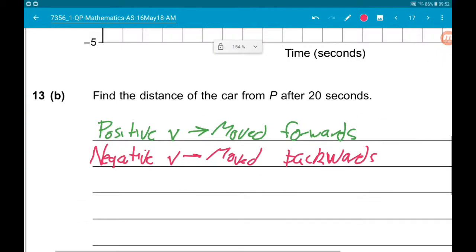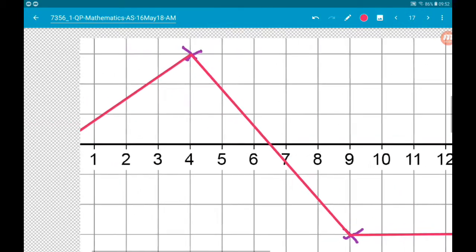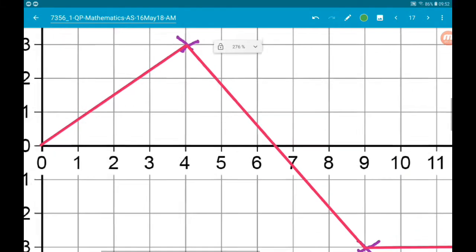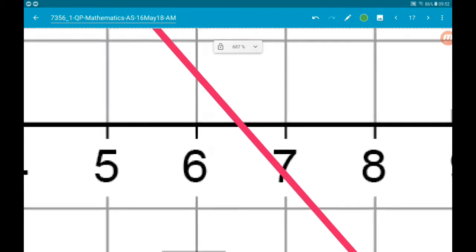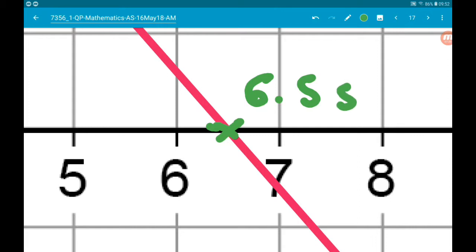So, looking at the graph, first of all, we can see we have this triangle where we were moving forwards. Now, the line crosses 0 at 6.5 seconds.